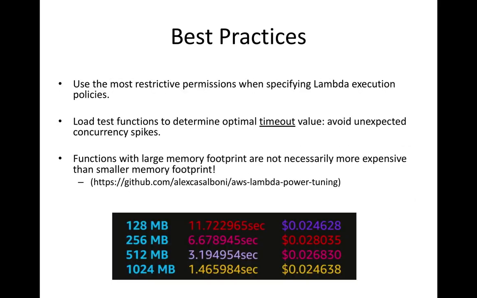A few more best practices here that I want to talk about. When you're configuring your Lambda function, you specify an execution role, and that execution role basically describes the permissions the Lambda function has when it's running in AWS. And I oftentimes see people when they're setting up Lambda functions, they select a really broad role that is super powerful and gives the Lambda function access to all sorts of resources in AWS, and that's really not a good idea.